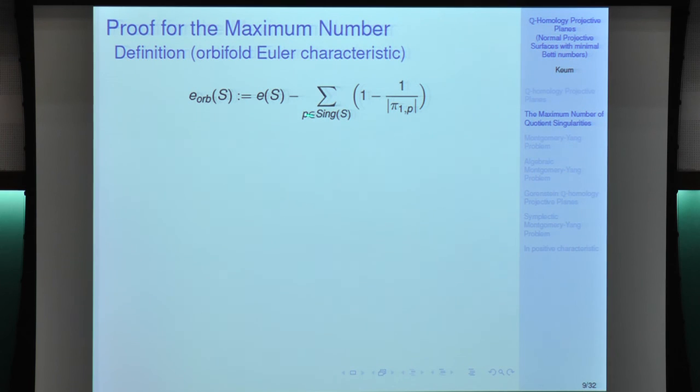This is nothing but the right-hand side, what Professor Kollár wrote. But here no minimal resolution appears, so everything is on the singular surface. This is the order of the local fundamental group at each singular point.